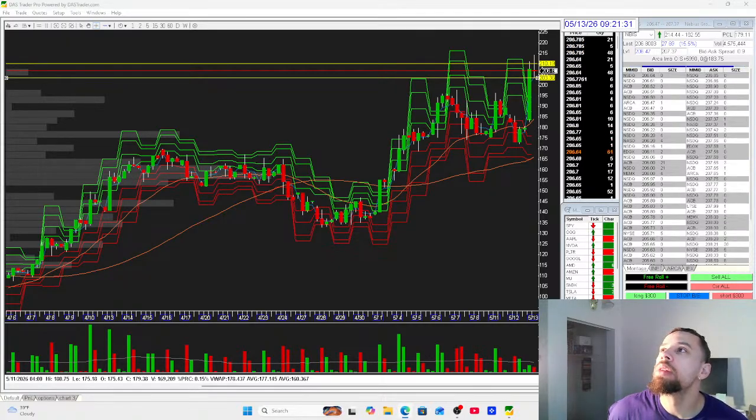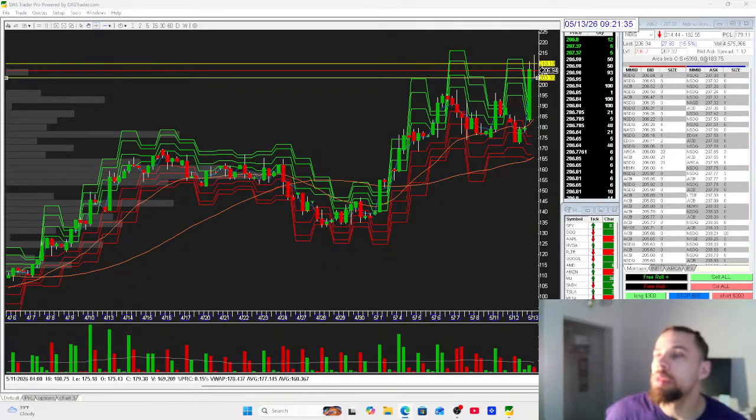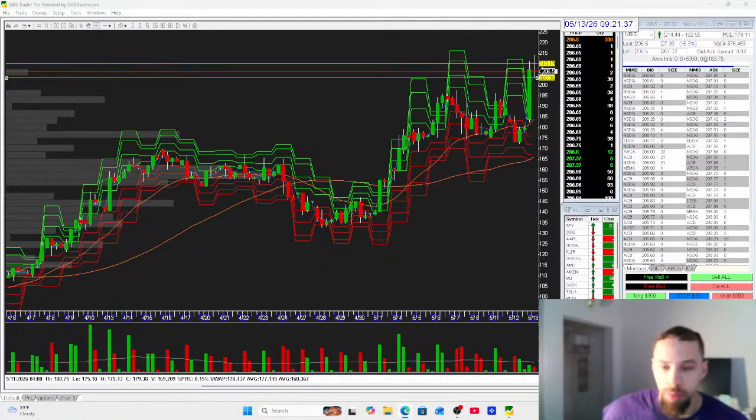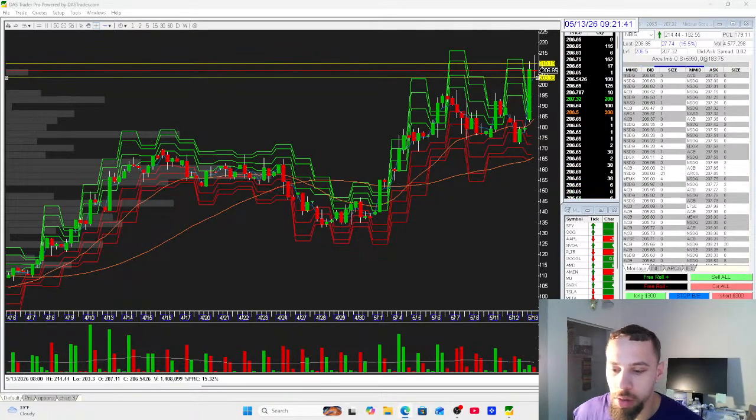Nvidia's limit orders book is looking very bullish as well. Pre-market, that can always change. Does tend to change once the market opens.